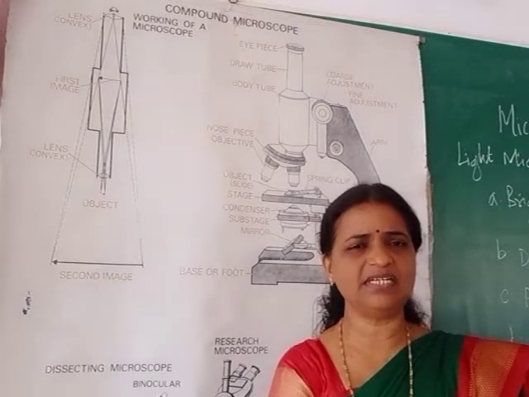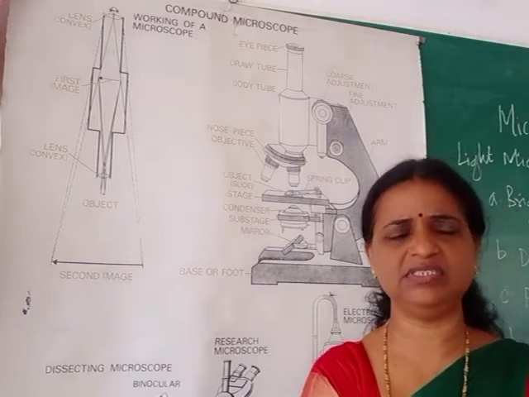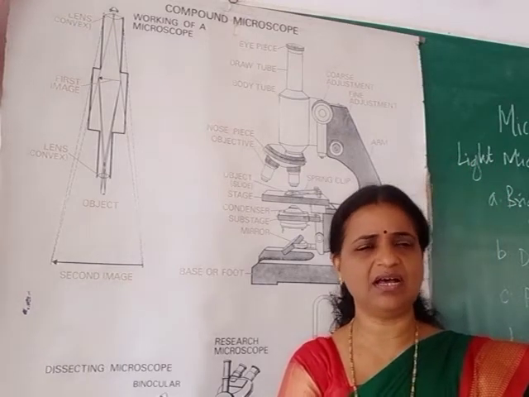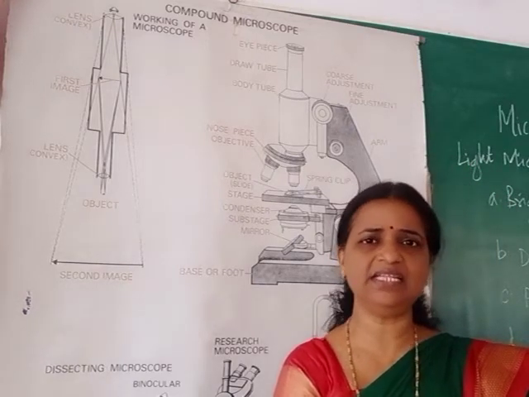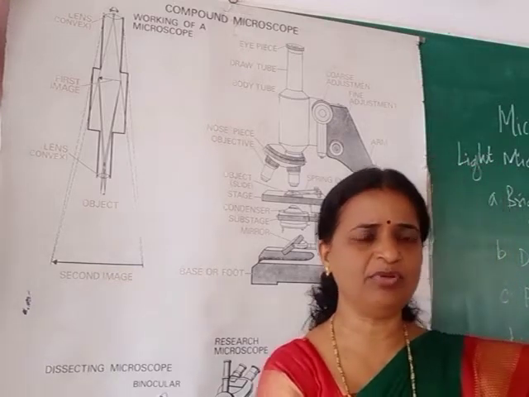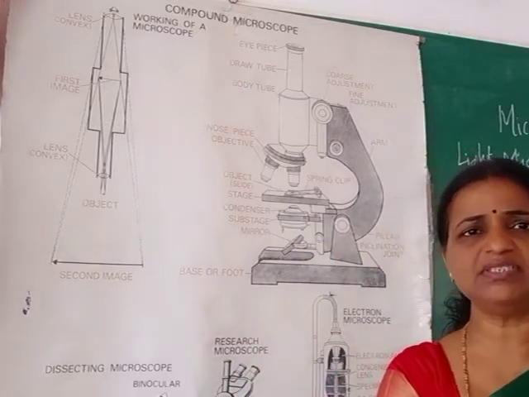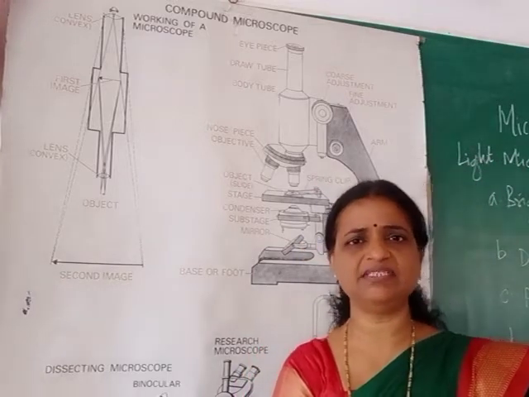So let us study the microscope. In this lecture we will focus on our compound microscope that we use daily for our practical purpose to observe the bacterial cell. Before going into the parts of the microscope, how can we define this instrument?